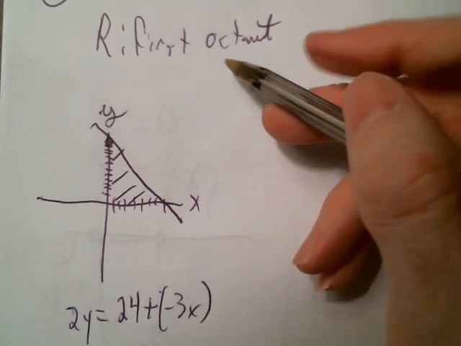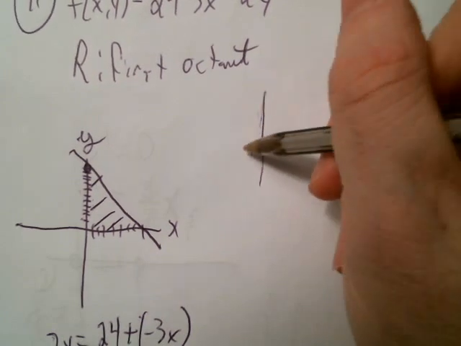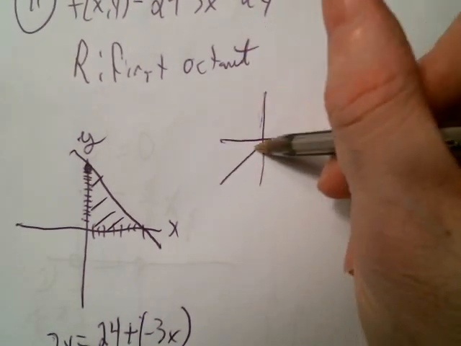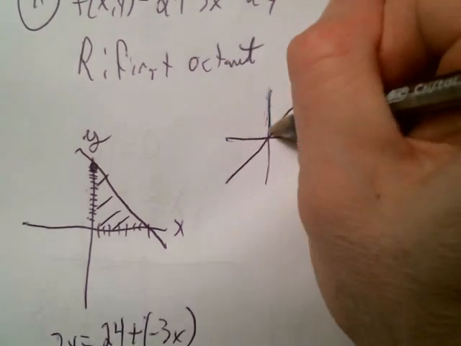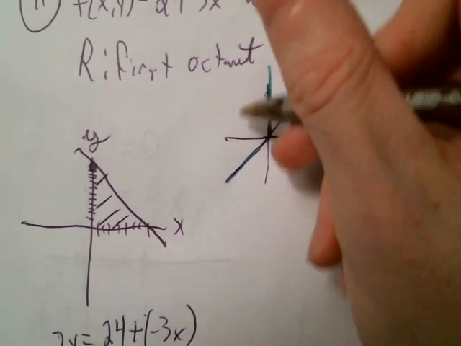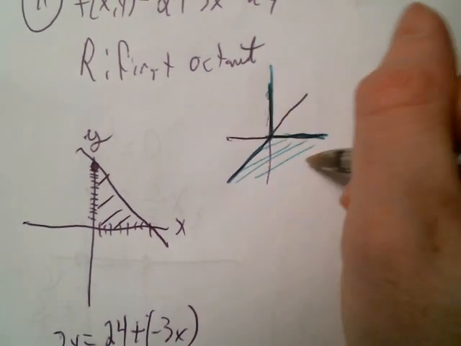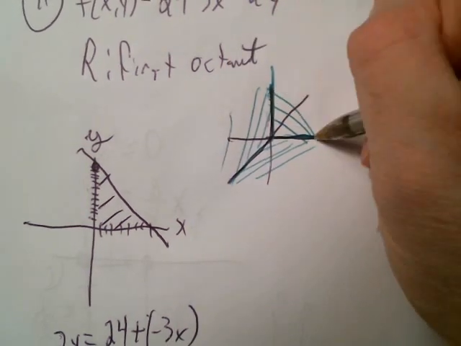First octant means you're going to be in the first part. It's basically what you see when you draw your x, y, z axes, right? So it's the part that's kind of, you know, the corner of the room, the region enclosed by these planes.